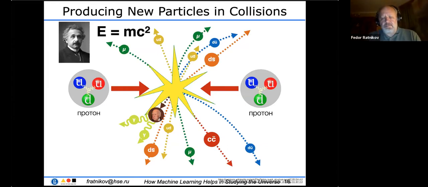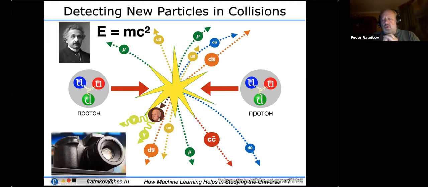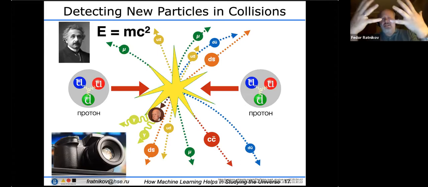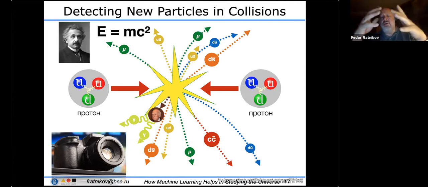Now, colliding particles is not enough, because okay, they collide, we get new particles, and what? We have to be able to study the result. For that, we need to put in a detector to detect what happened in that collision. So we have to make some kind of camera for that.